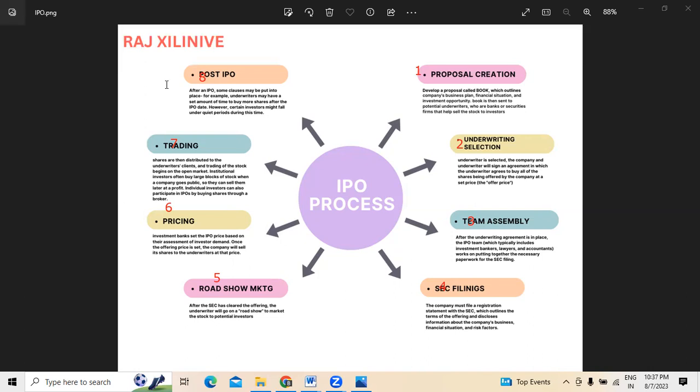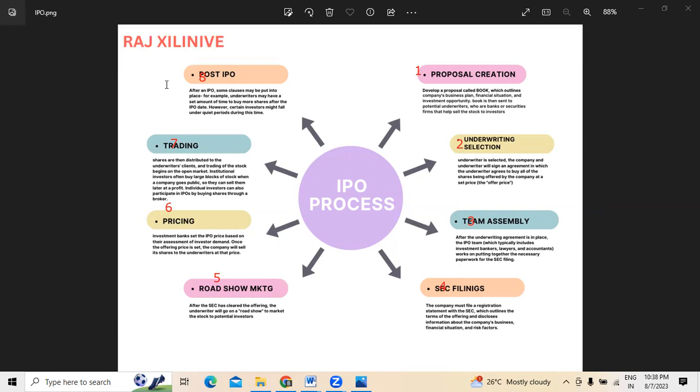Once the application is processed, the allotment will be done based on availability, because some people won't get the allotment and some people do. It is subject to terms and conditions, because when we file an application, it is not guaranteed that the IPO will be allotted. It depends on the requirement that the IPO has in the market.